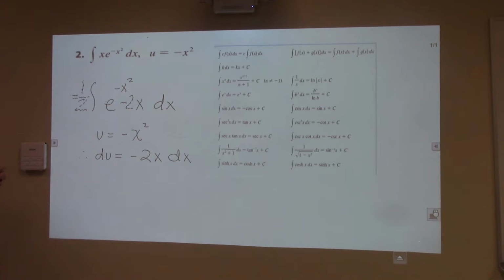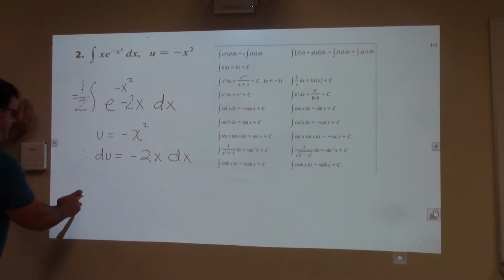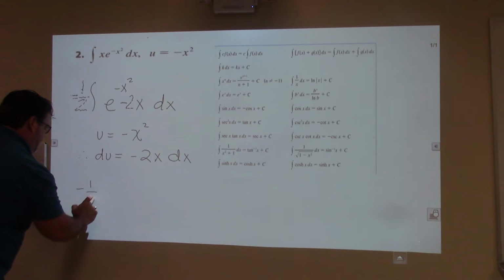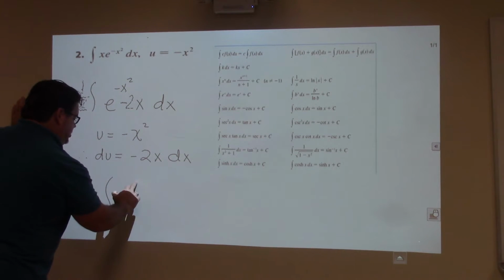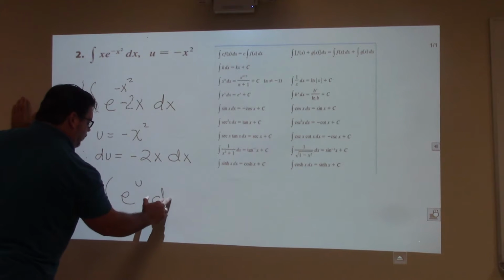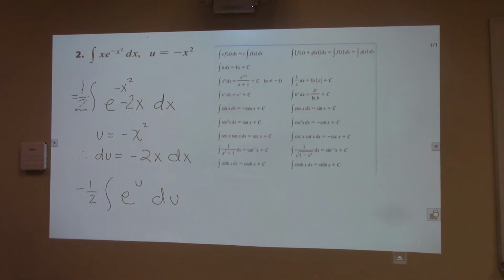So now I have negative 1/2 times the antiderivative of e to the u du. Now, what is the antiderivative of e to the u du? e to the u plus C. e to the u plus C, right?